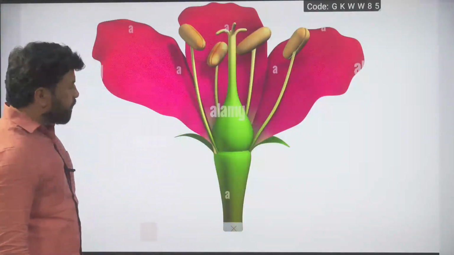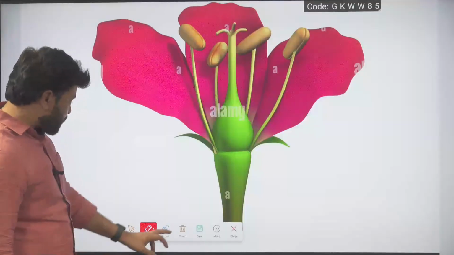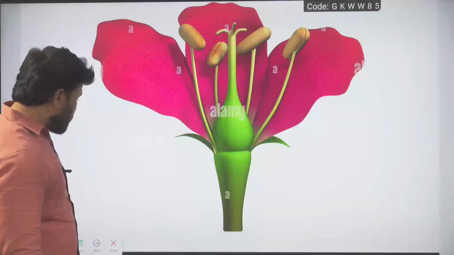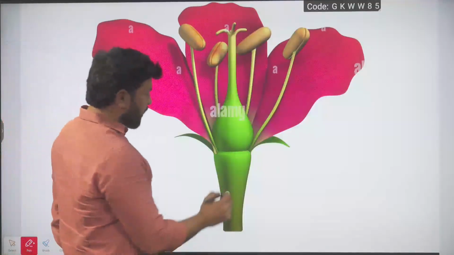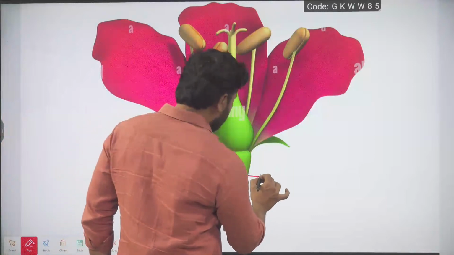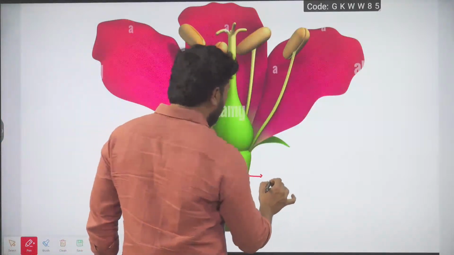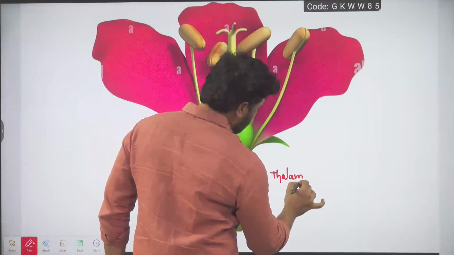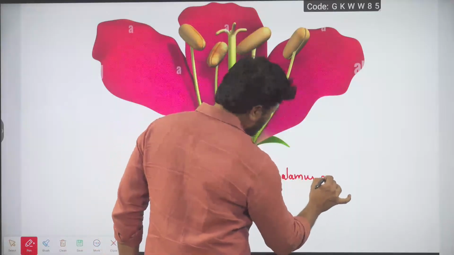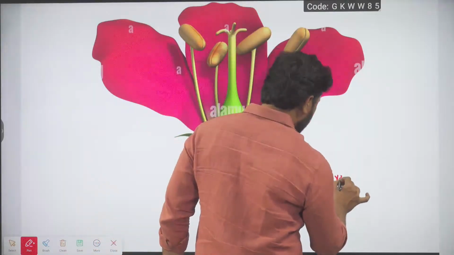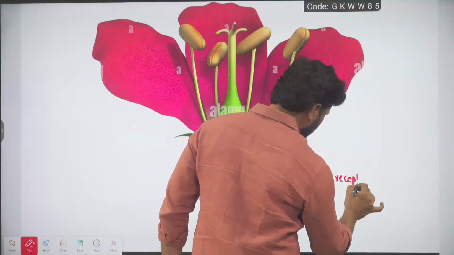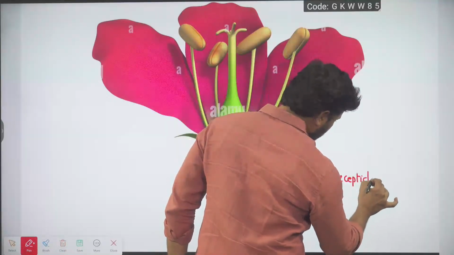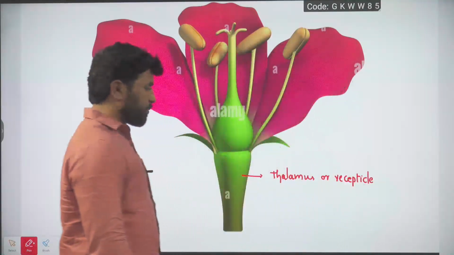For the formation of a flower, the stem has been modified and created a base. This base we call the thalamus, or receptacle.